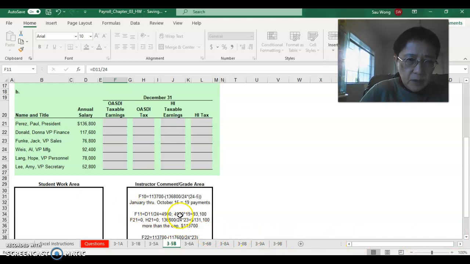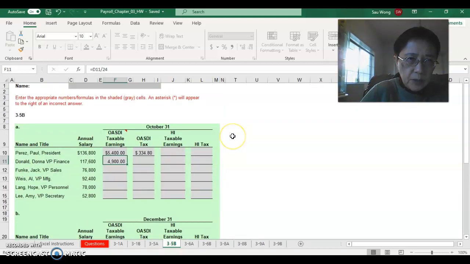For the 4,900 times 19 payments, up to October 15 is already 19 payments. Donna has already been paid 93,100 up to October 15. So this 93,100 has not exceeded 113,700.